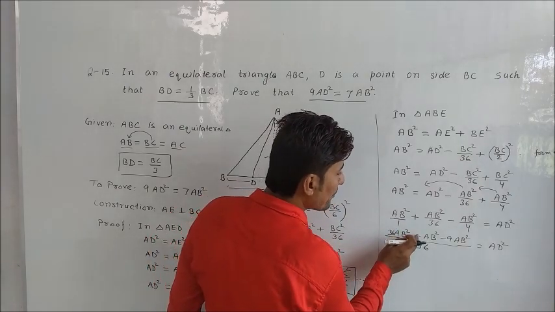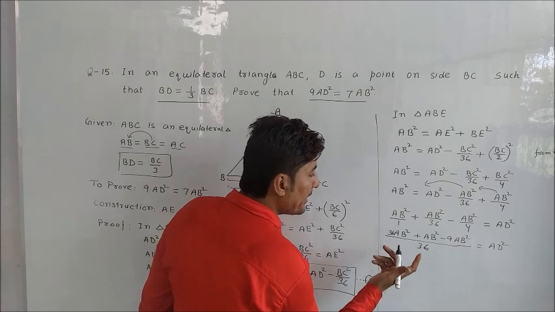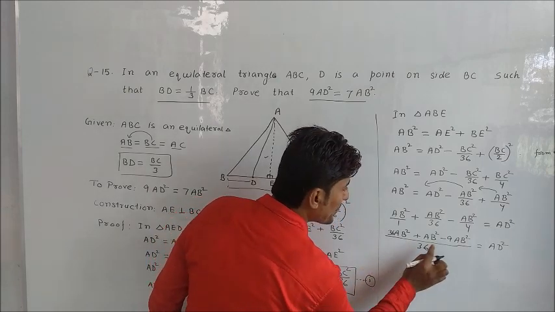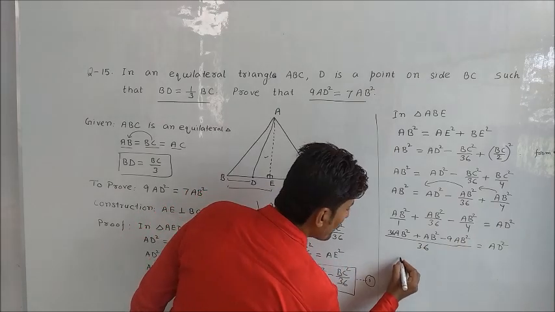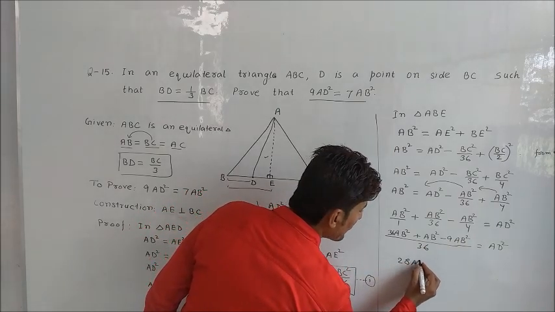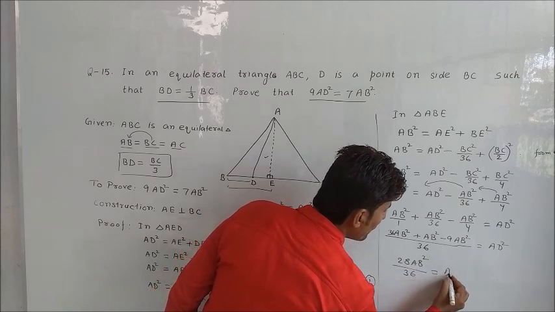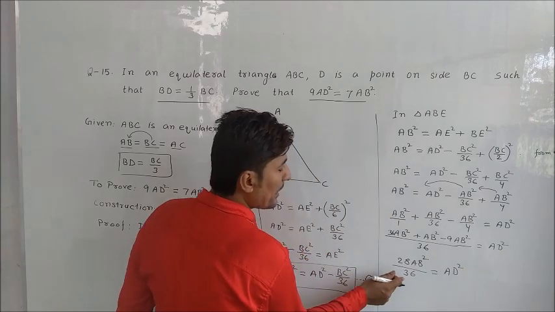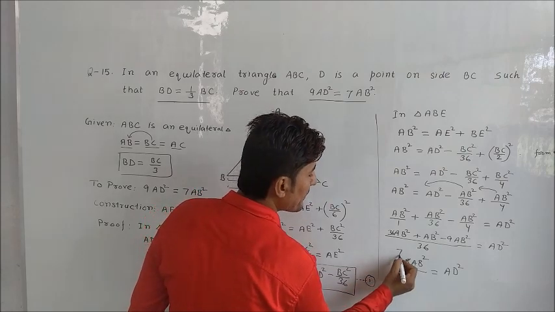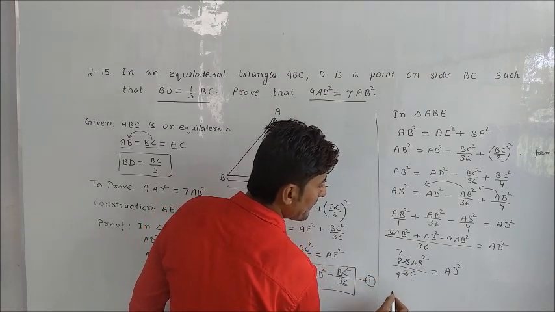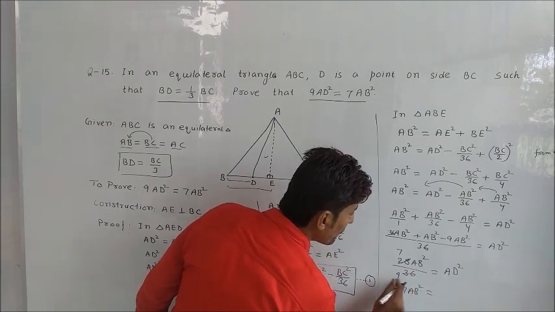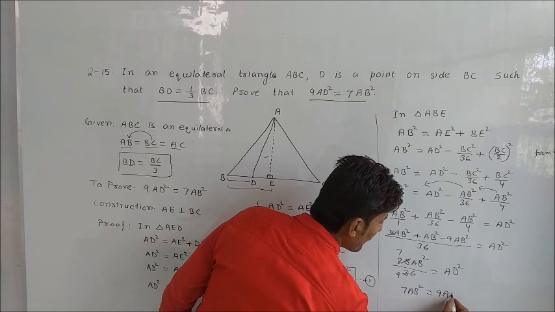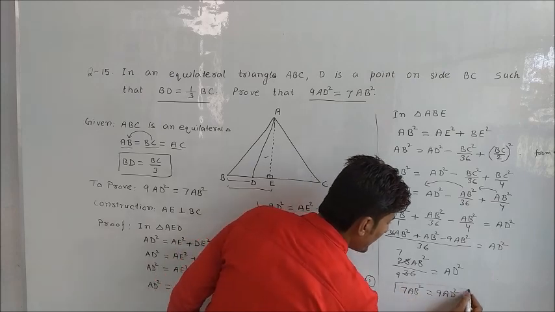So 36 AB square plus 1 AB square is equal to 37 AB square. 37 AB square minus 9 AB square is equal to 28 AB square, upon 36, equals AD square. Now both are divisible by 4. 4 sevens are 28, 4 nines are 36. So 7 AB square equals 9 into AD square. So it is proved.